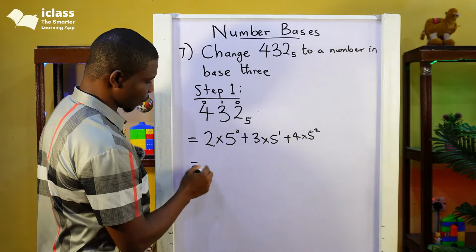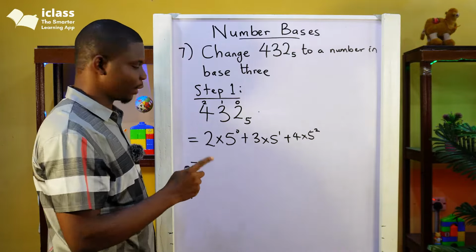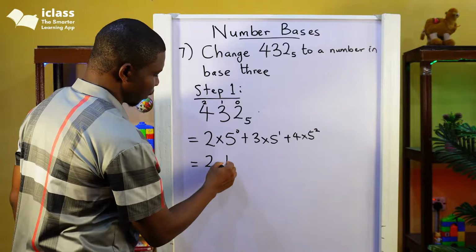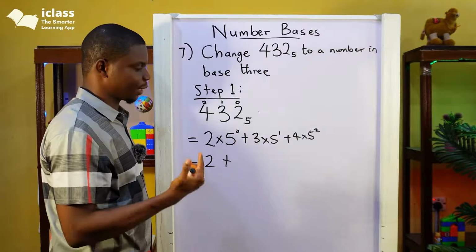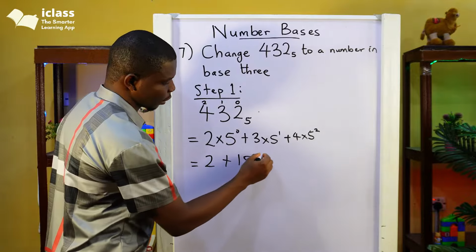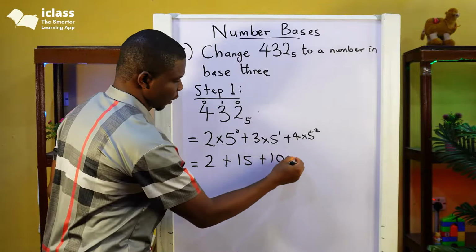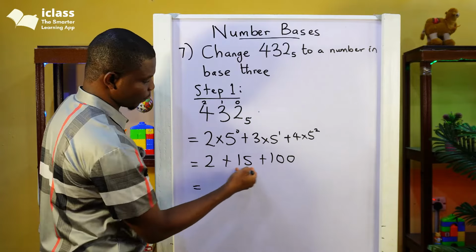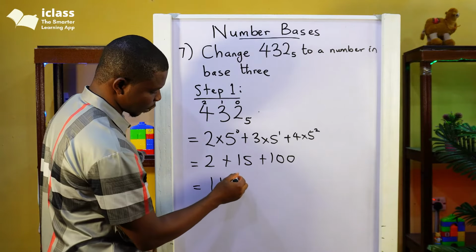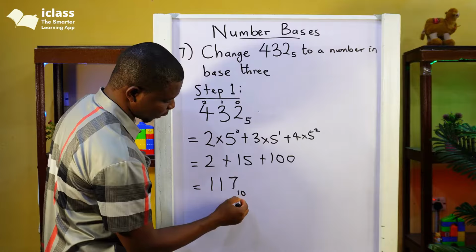All right, so this gives us 5 raised to power 0 is 1 times 2 is 2, plus 5 raised to power 1 is 5 times 3 is 15. 5 raised to power 2 is 25 times 4 is 100. So this gives us 115 plus 2, which is 117 base 10.